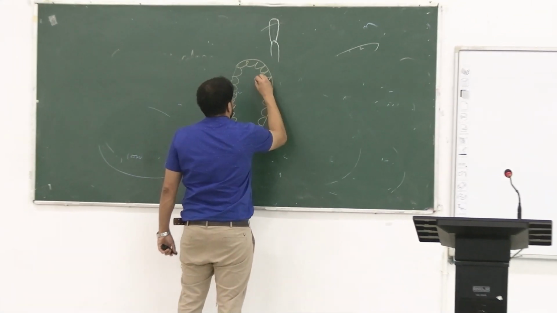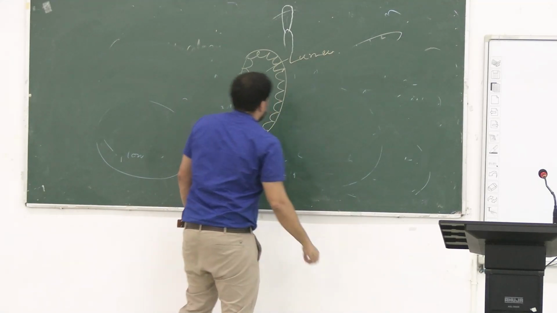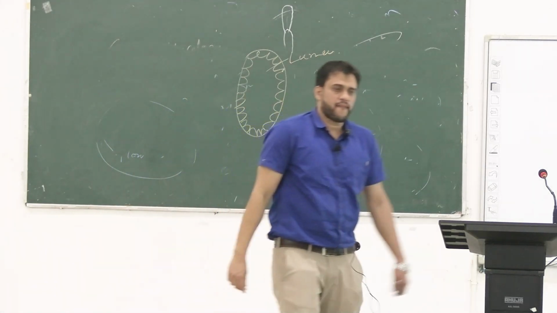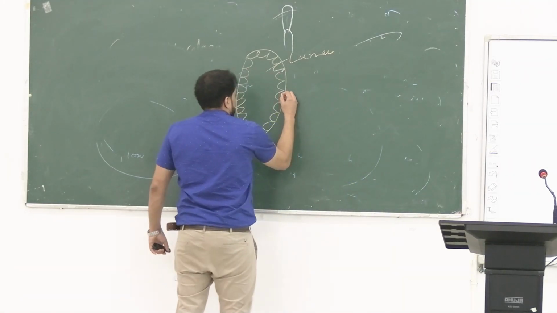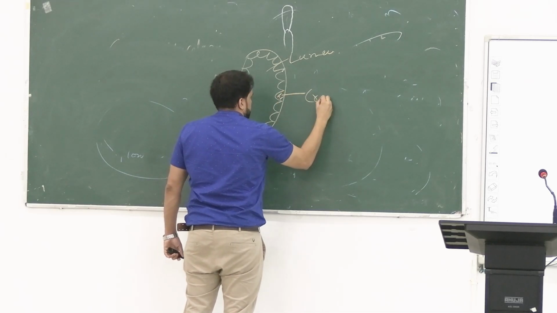These are the crypts, this is the lumen. The entire thing is the crypt. So what is cryptitis? When inflammation is up to this level, within the crypts, that is cryptitis.